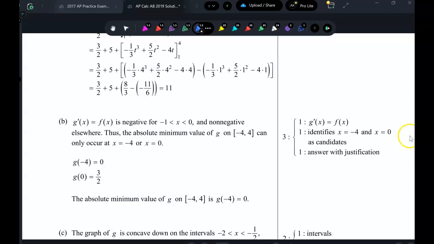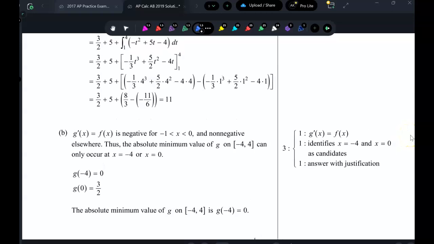Okay, Sophia, are you okay with that? No, I don't understand how you got that. Okay, what's the question asking about? An absolute minimum. How do we do an absolute minimum of G?